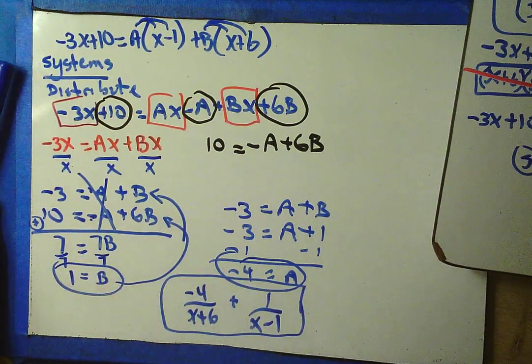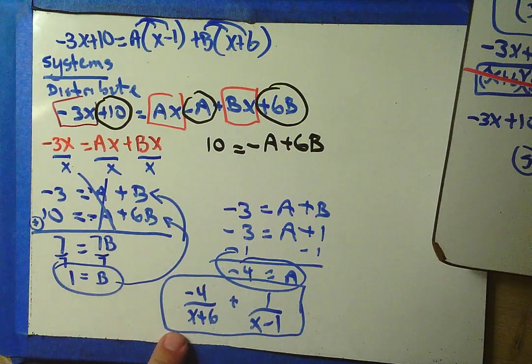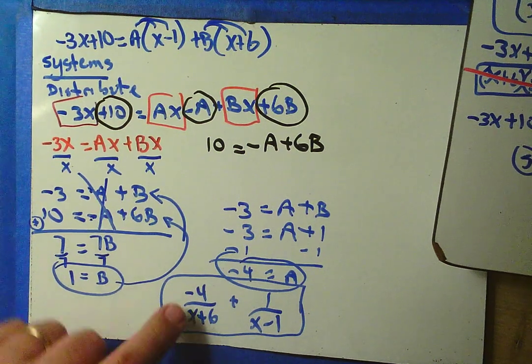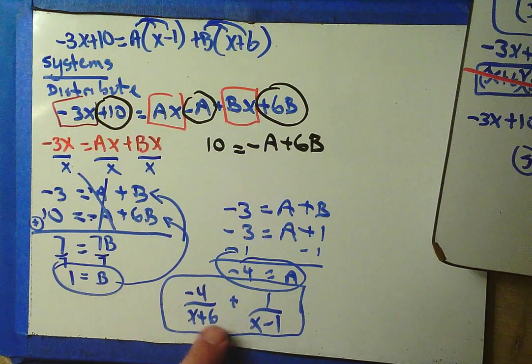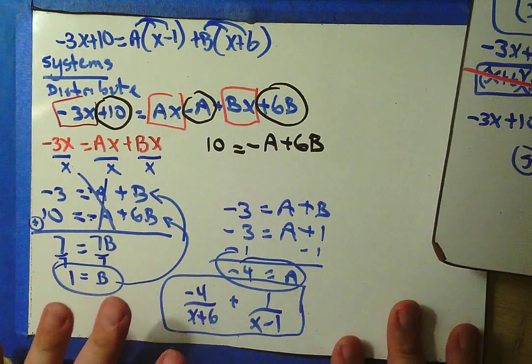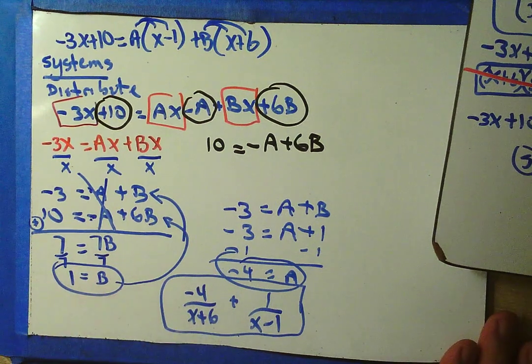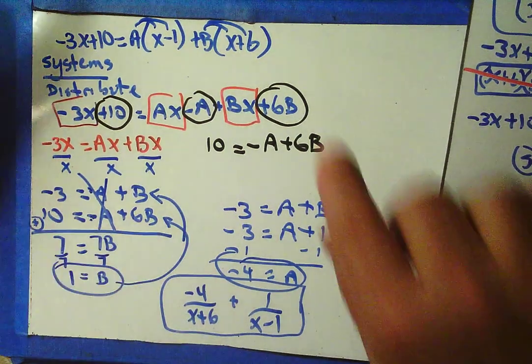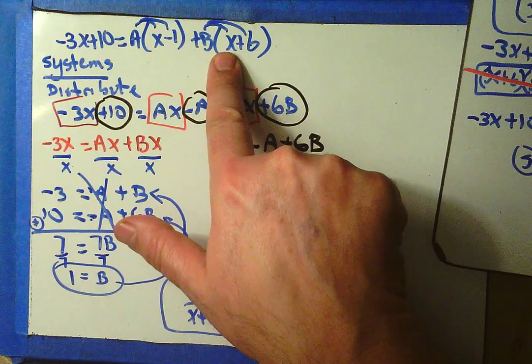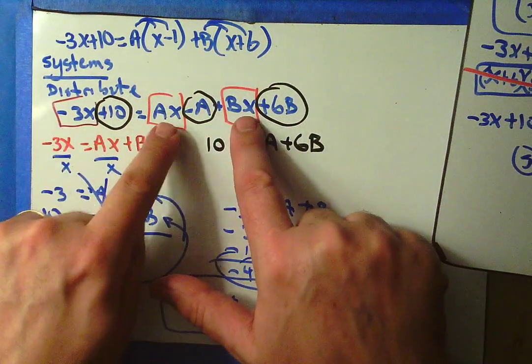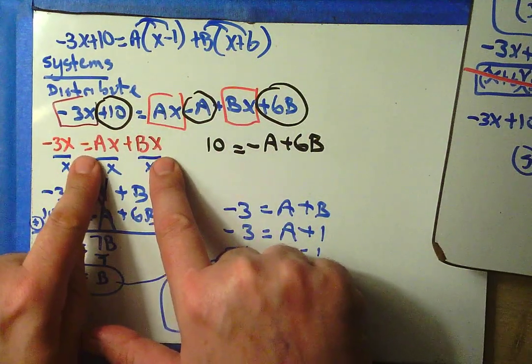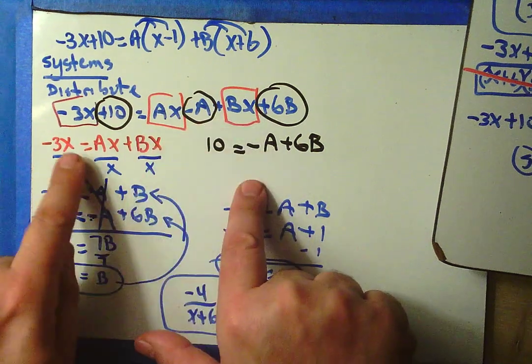This was the problem that we had started as our bell work, when we wanted to take these two fractions and combine them. So this was doing the solving part for a, b, and c using systems, right? We distributed, then we gathered all the x stuff into one equation. I should say the x to the first stuff.